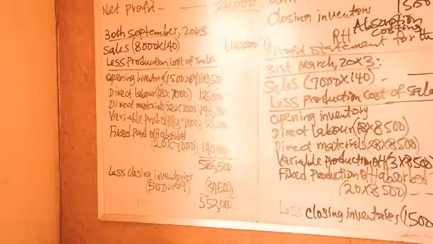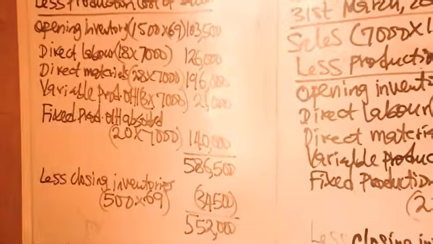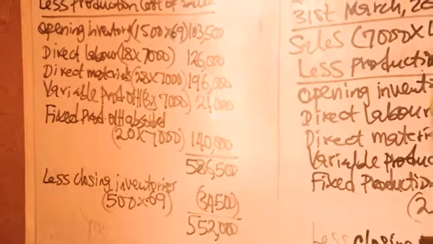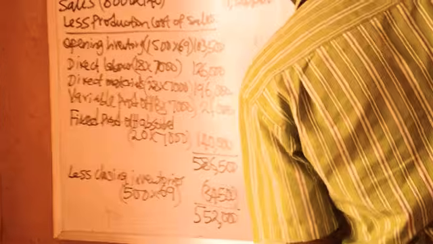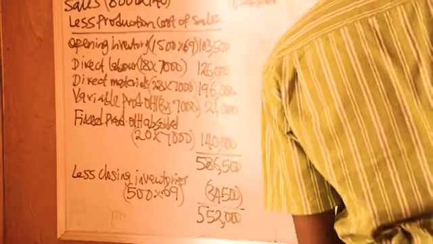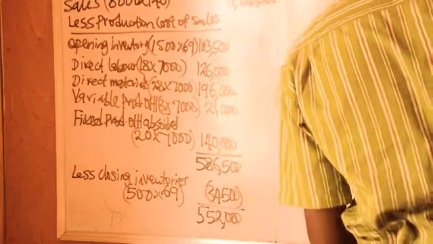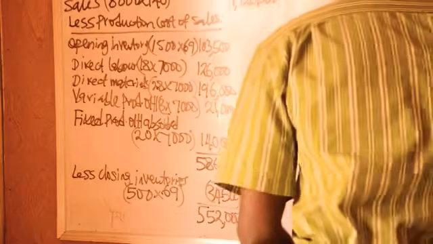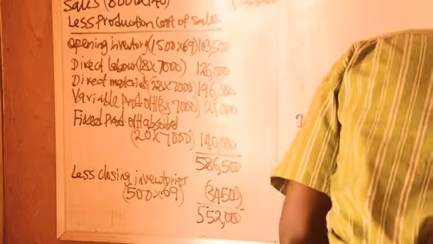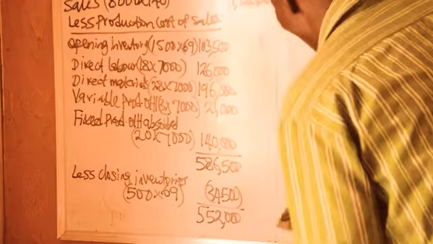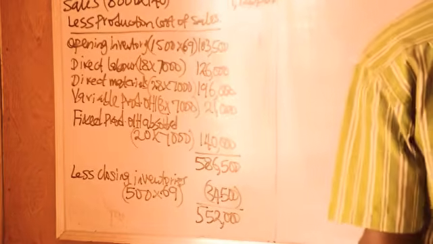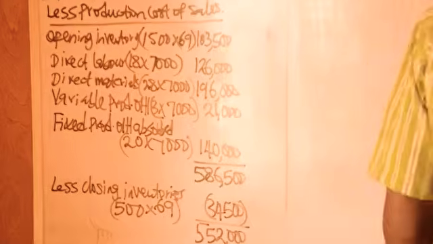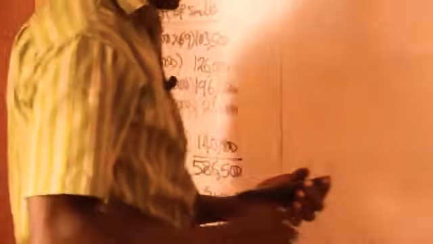After this, you consider the amount of under and over absorption. I've told you that it is over absorption where the fixed overheads absorbed is greater than the actual fixed overheads incurred.